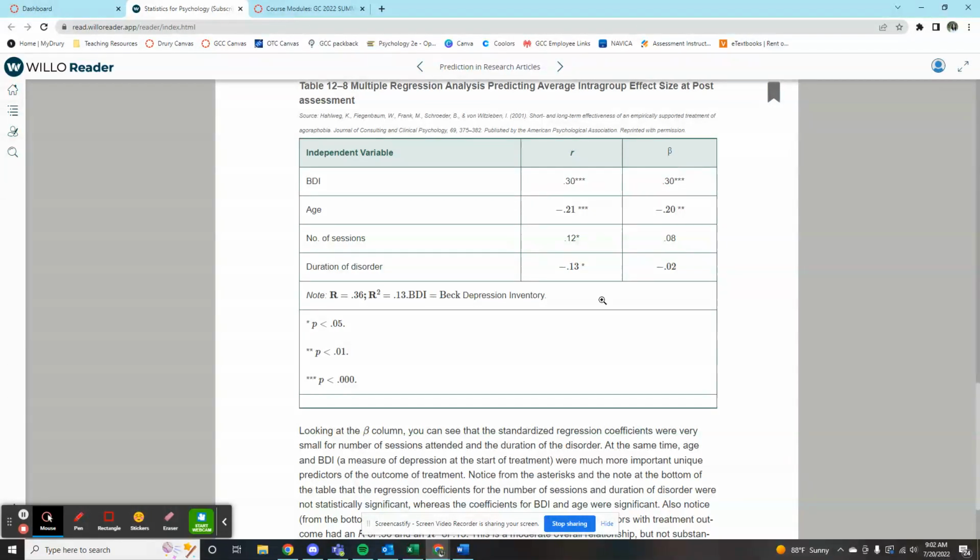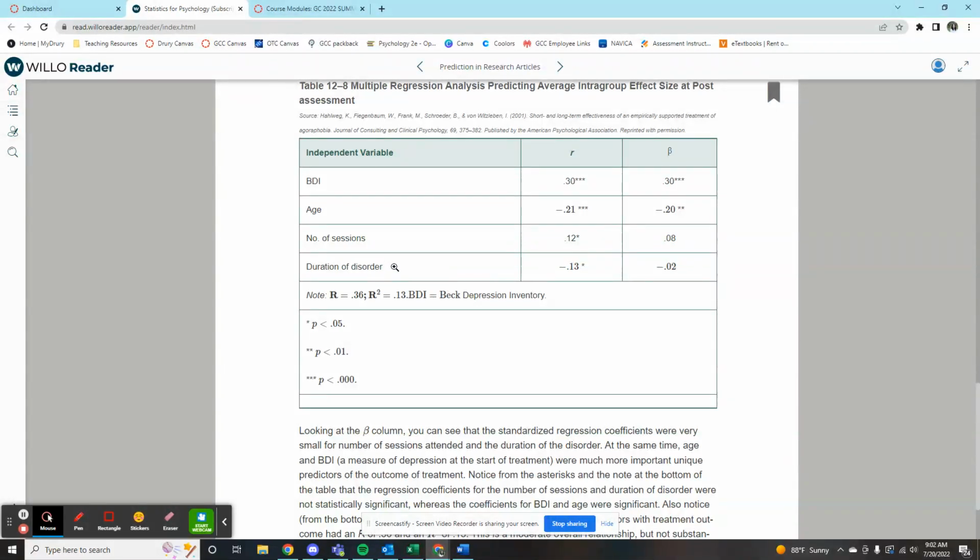efficacy. For every 1 standard deviation increase in age, we're going to have a negative 0.2 change, a decrease in standard deviations for treatment. For every 1 standard deviation increase in number of sessions, we're going to have less than a 1/10 of a standard deviation increase in efficacy.